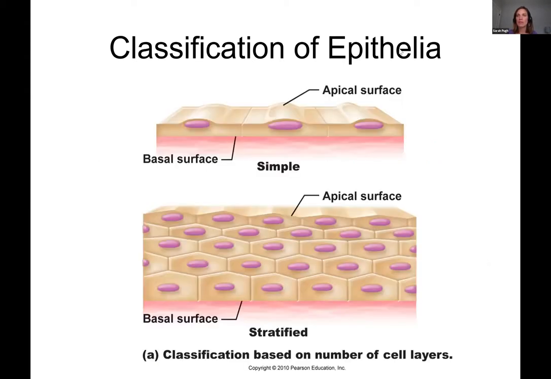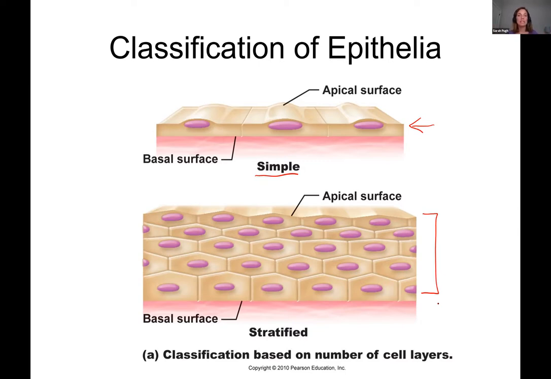So here's a great example. We can see the image at the top. We would call this a simple epithelium, right? You can see there is just one cell layer right there, one cell layer thick. The one at the bottom you can see is a stratified epithelium because it's multiple cell layers thick. Now let's do the second name. The second name is the shape of the cells.